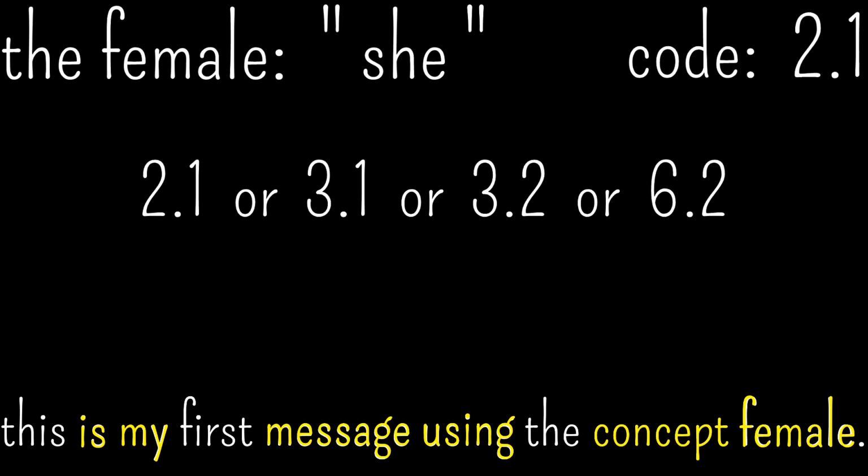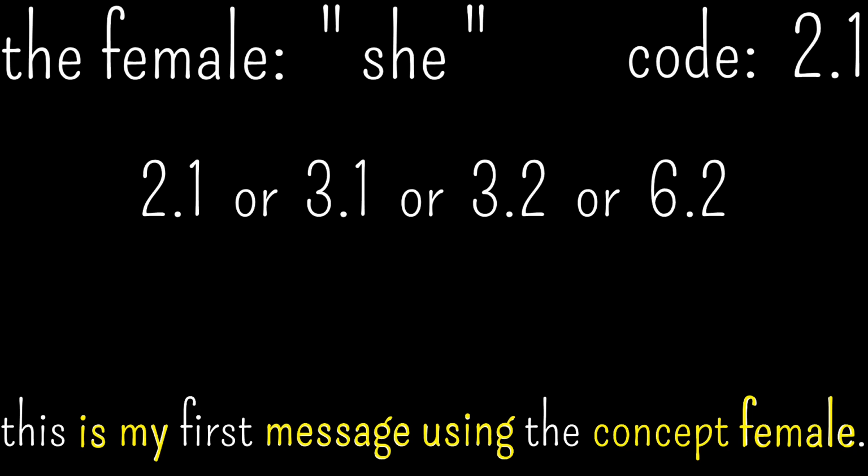I repeat that the concept female is when we have a pair of numbers like the code 2, 1, and the first number on the left is greater than the second number on the right. In a sentence like this, we start to count from the left side of the sentence: the first word, the second word, the third, the fourth, etc. And we count the second, that is the word "is," then the first, that is the word "my."